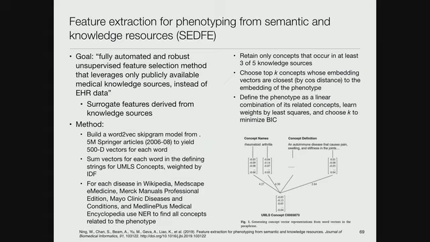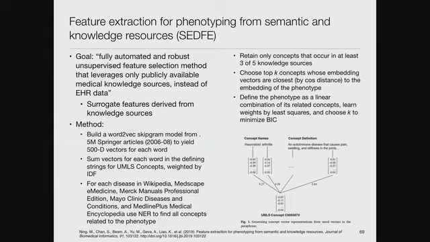So the method that David's group had developed, which we talked about earlier, uses data from electronic health records, which means that you move to different hospitals and there may be different conventions, and you might imagine that you have to retrain that sort of method. Whereas here, the idea is to derive these surrogate features from knowledge sources. So unlike that earlier model, here they built a word2vec skipgram model from about 5 million Springer articles.